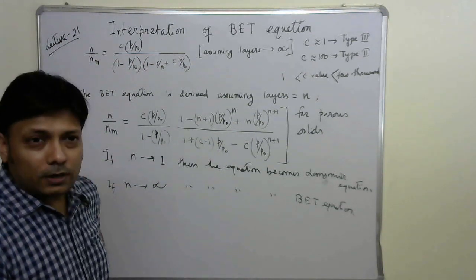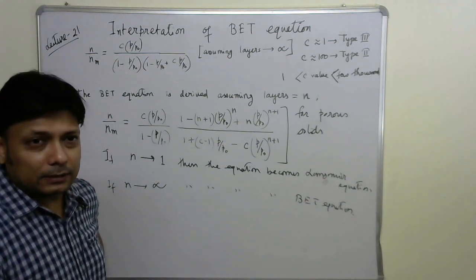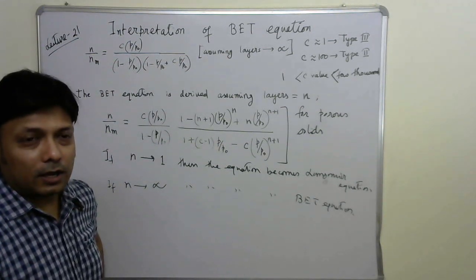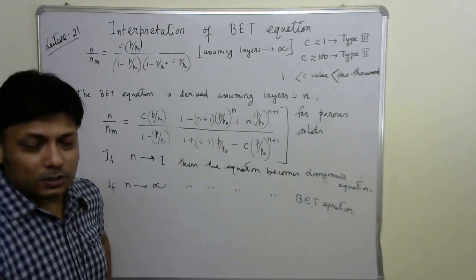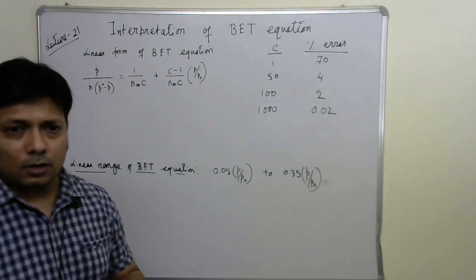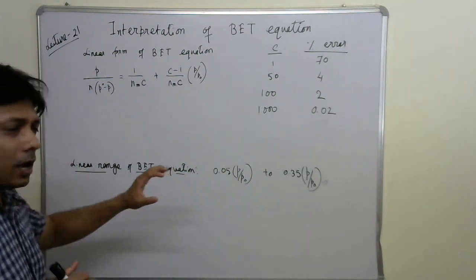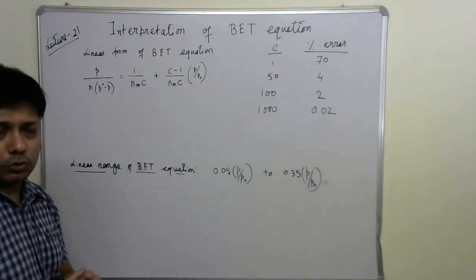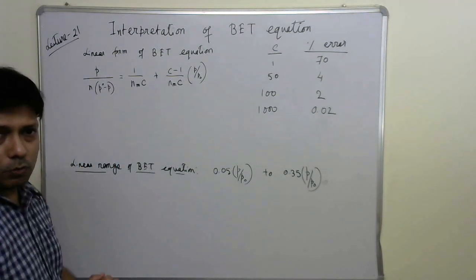All right, so now let's quickly take a look at how mathematically the surface area is found out from the BET equation. Okay, so let's do that. Now we come to the topic of the surface area determination, which I have already talked to you about to some extent. So this is the linear form of the BET equation.